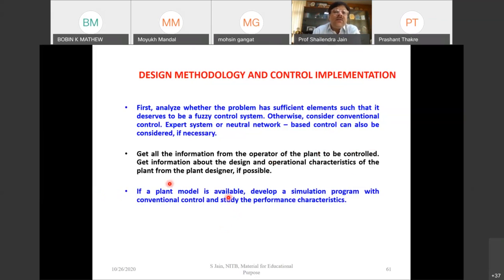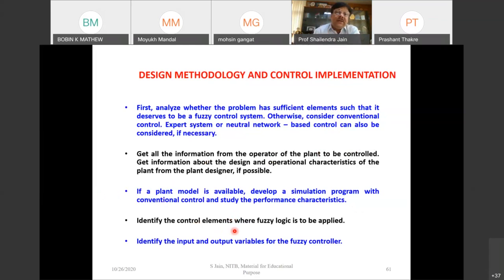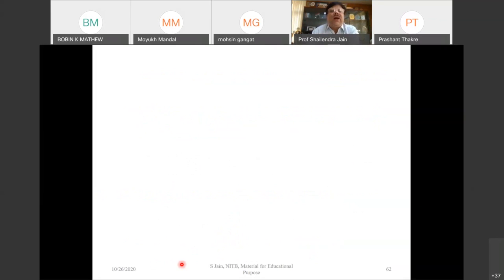Then if a plant model is available, develop a simulation program with the conventional control and study that. Identify the control element where fuzzy logic is to be applied. Then input and output identification and the universe of discourse need to be defined.